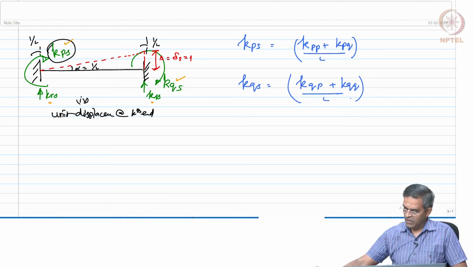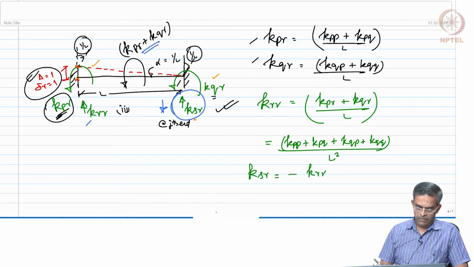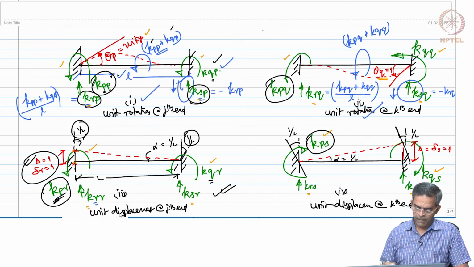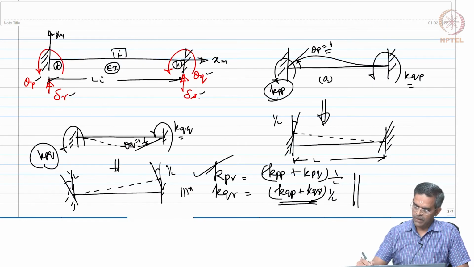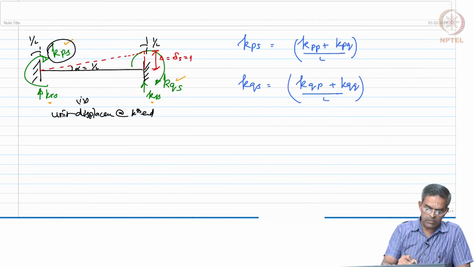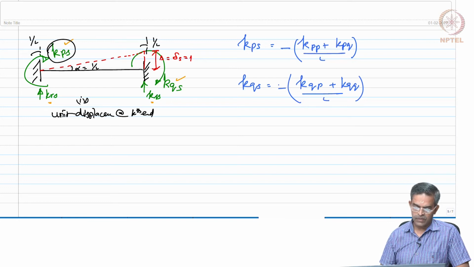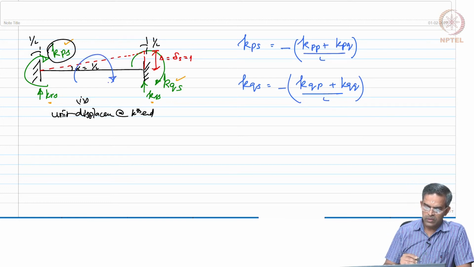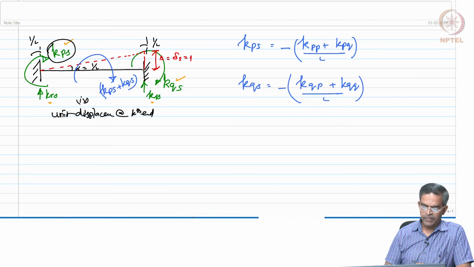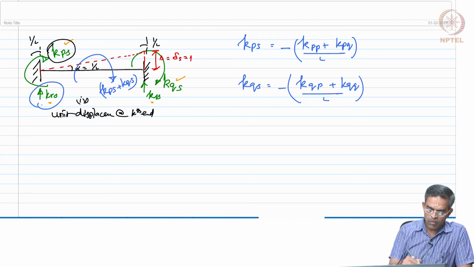Originally KPP, look at here, originally KPP and KPQ were anti-clockwise, is it not? But I am here looking for a clockwise moment. So, shall I say these two are minus? They are opposite to the original one, is it not? So, if I know the net moment is KPS plus KQS, then this will have a moment which is a couple like this. So, this is going to be KRS, going to be KSS.